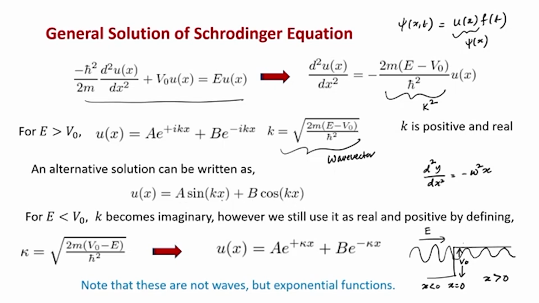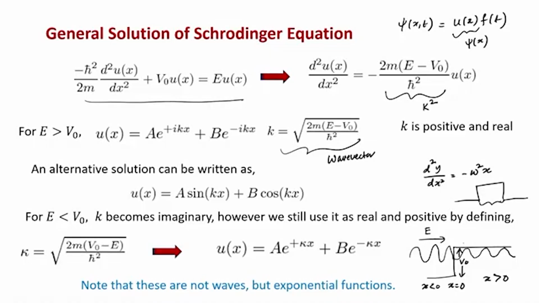Now, it is important to note that whenever you have a finite region of space to consider, which means there is a discontinuity of this kind, where this is really a finite region between minus a to plus a, or from 0 to a or 0 to L, then we do not use the exponential solutions, because the exponentials are going to oscillate even at infinity.